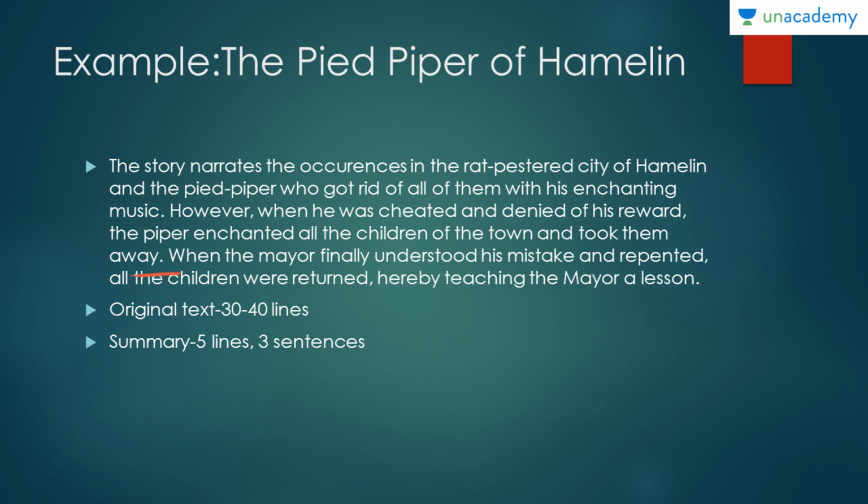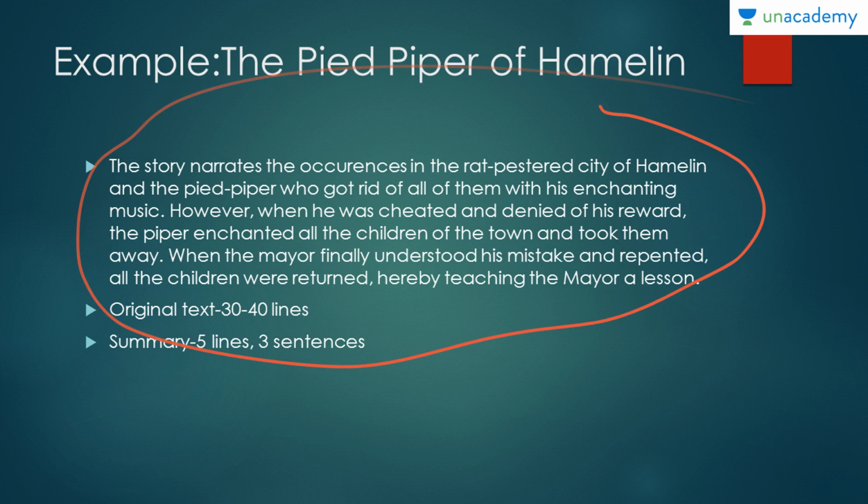When the mayor finally understood his mistake and repented, all the children were returned, thereby teaching the mayor a lesson. So you see here that the original text is 30 to 40 lines, which I have summarized in 5 lines and 3 sentences. So this is how the general structure of a summary should be. You can write even better summaries.